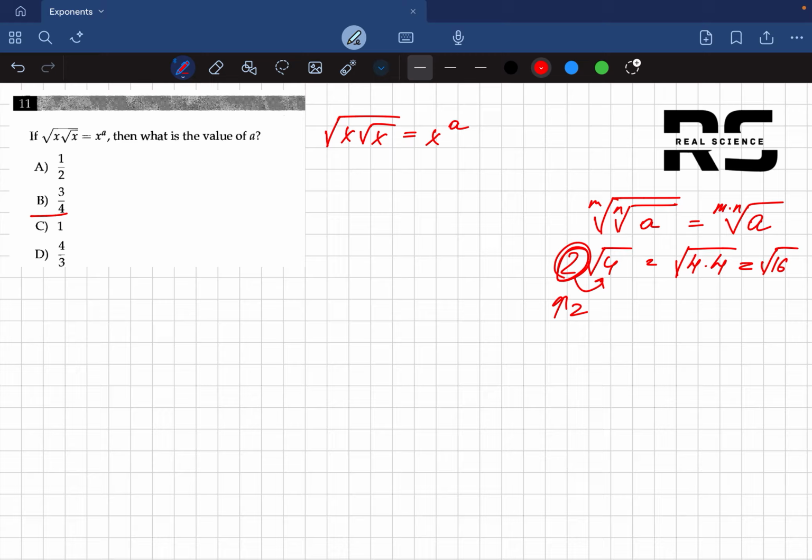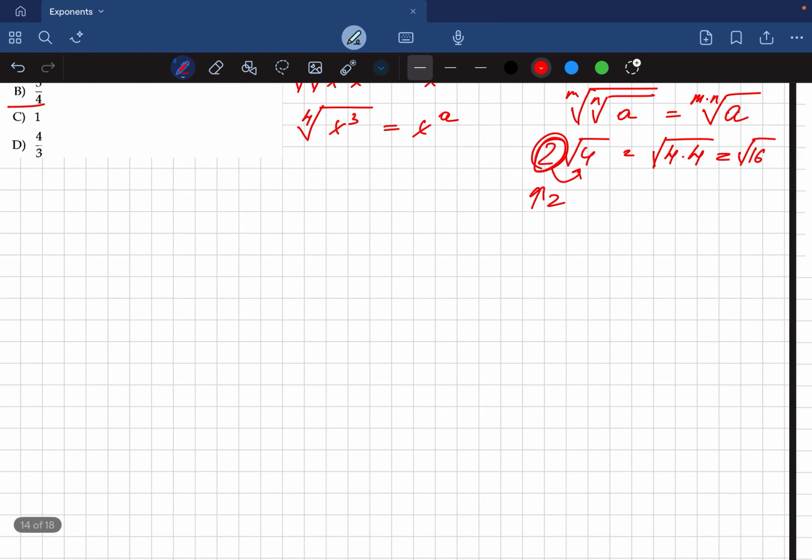In this case as well, let's take x under the square root. So that's going to be square root of x times x squared is equal to x to the power of a, which is square root of x to the power of 4. Now we have x cubed under the root, so the root of x cubed is equal to x to the power of a.